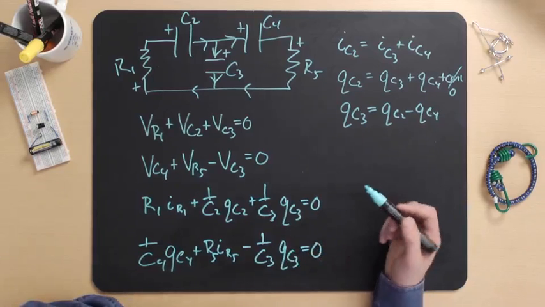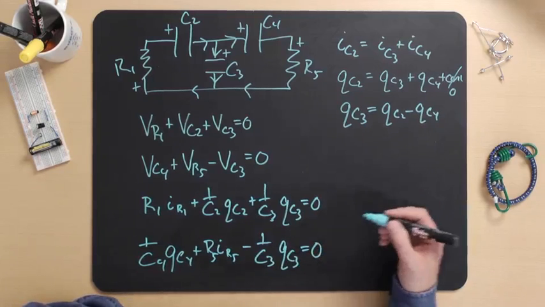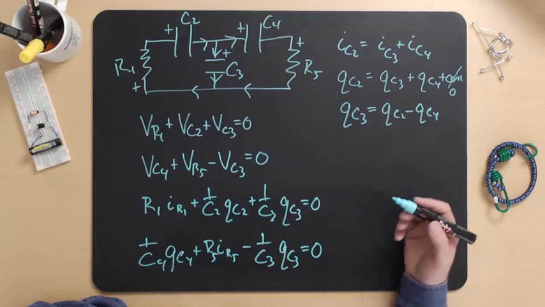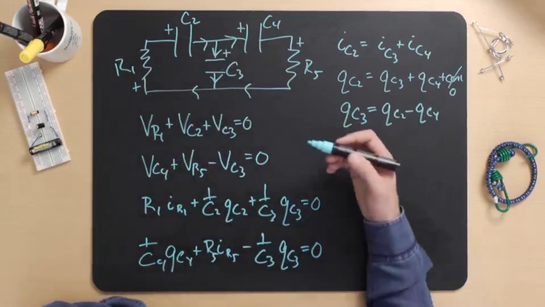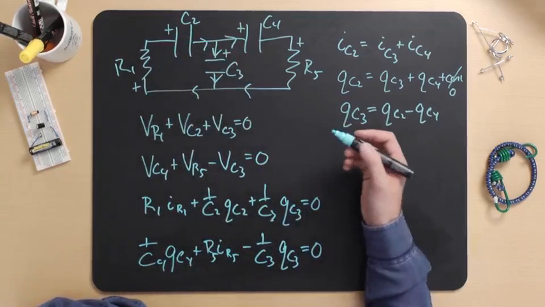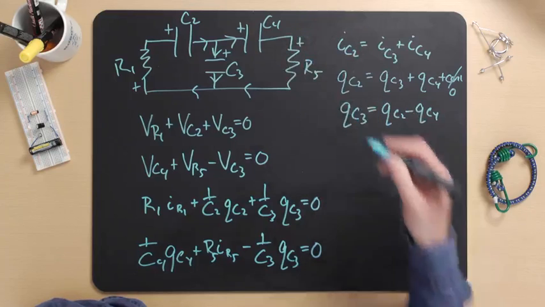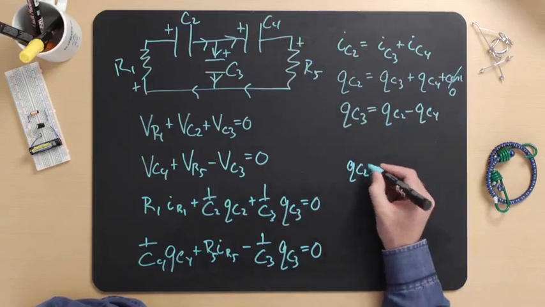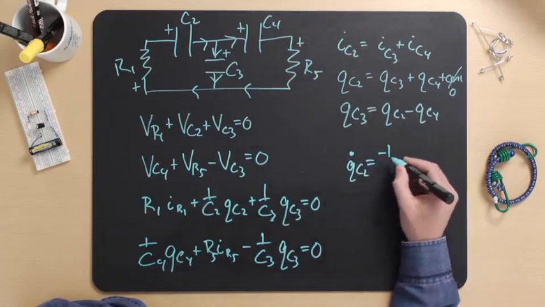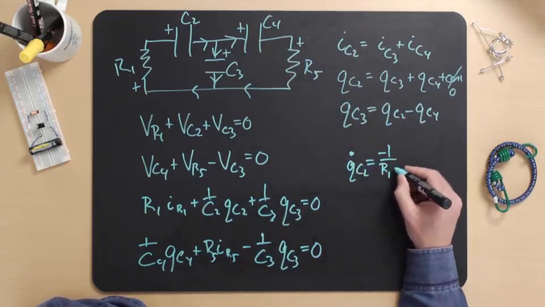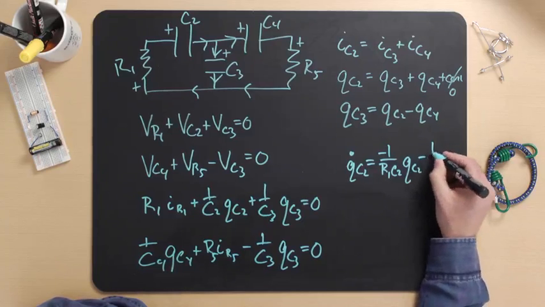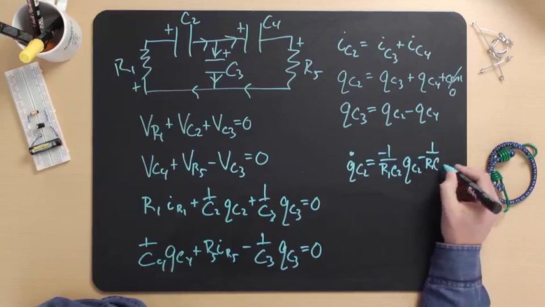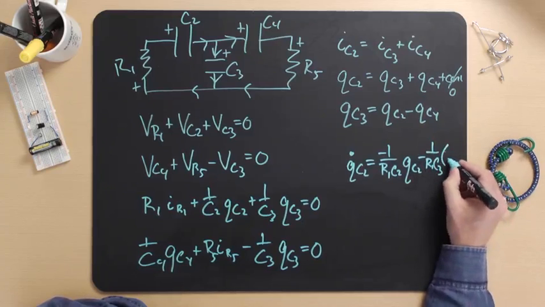Now, if I substitute in for Q3 and note that IR1 is equal to QC2 dot, that's because of this node here. And if I note that IR5 is equal to QC4 dot, that's because of this node, then I get that QC2 dot is equal to minus 1 over R1 C2 QC2 minus 1 over R1 C3 times QC2 minus QC4.